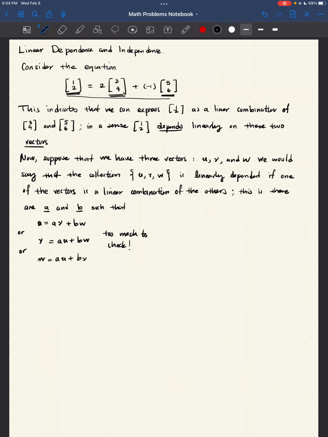Can we write it in equivalent terms, right? Equivalently, you would have something along these lines. Negative 1 times U plus A V plus BW equal to the 0 vector, or you have AU plus negative 1 times V plus BW equal to the 0 vector, or you have AU plus BV plus negative 1 times W equal to the 0 vector. Well, that's still a lot of work.